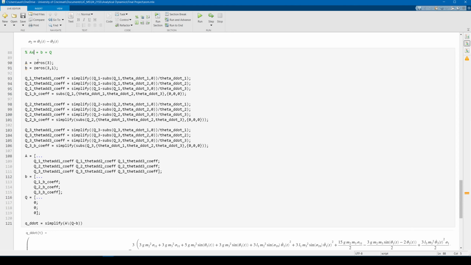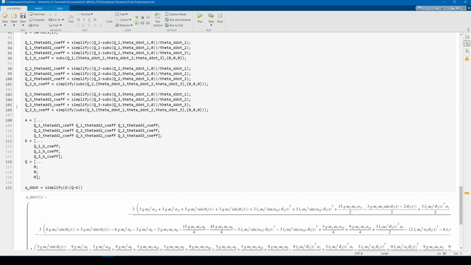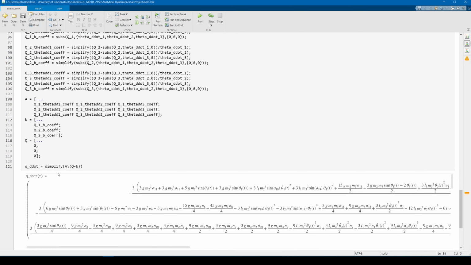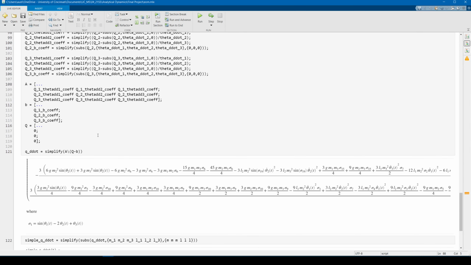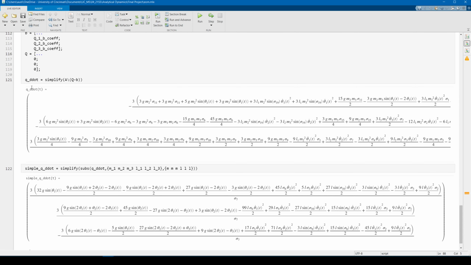Our x vector is the vector theta double dot 1, theta double dot 2, theta double dot 3. And so we have Ax plus b equals q. In this situation, q is just a vector of zeros. So we're defining our A matrix, b vector, and q, and then we get q double dot, and that's our 3 equations. Theta double dot 1 is this top equation, theta double dot 2 is the middle, theta double dot 3 is the bottom equation.